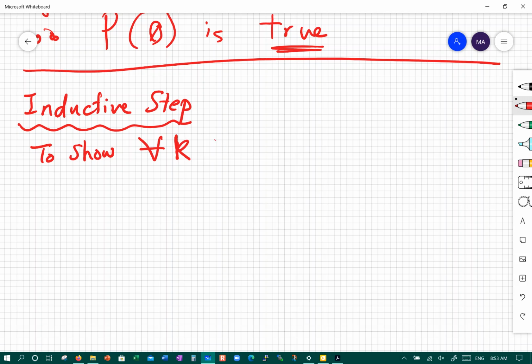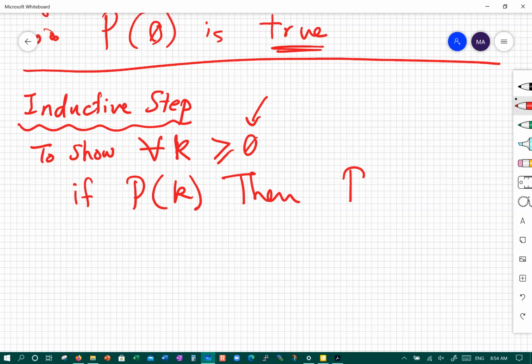For all k greater than or equal to the initial value, I have to use the same initial value that is given in the claim, that if the property is true at step k, then it is true at step k plus 1. That's what I need to show. And this is a universally quantified statement.